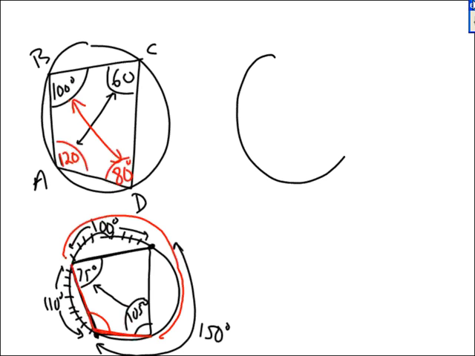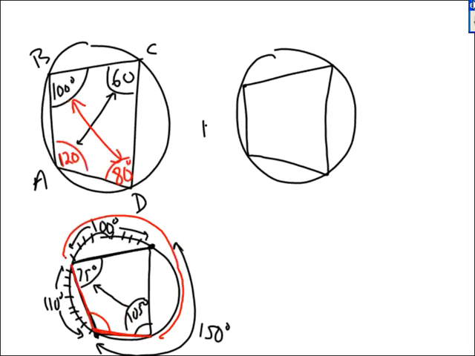Let's draw this up here. We have these three angles, or this four-sided polygon. The 110-degree arc is this. The 100-degree arc is this. And the balance of 150 is this.